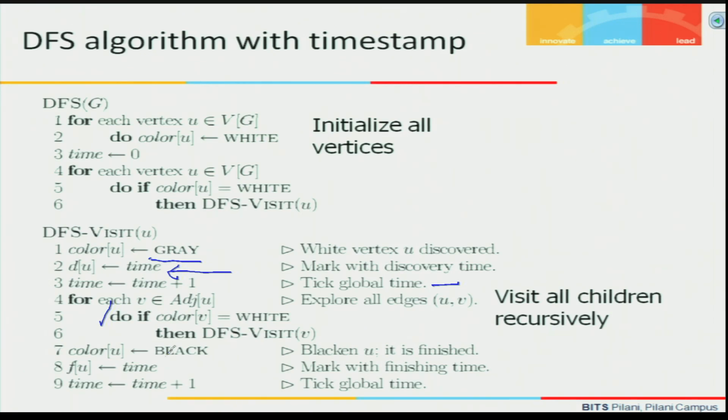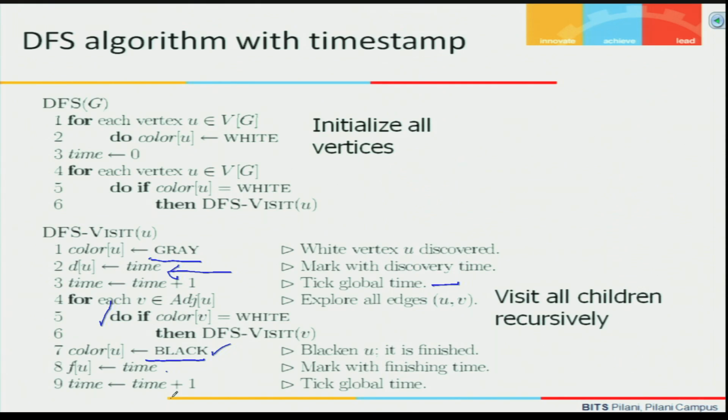In that case, you color the node black. A black color indicates that all the vertices adjacent to this vertex have already been visited. Once you do that, you mark the time.